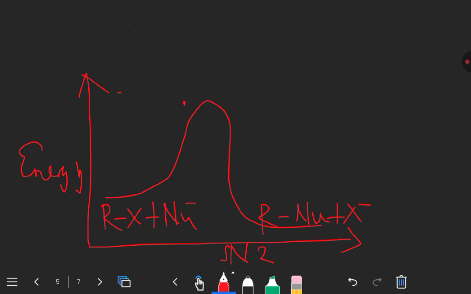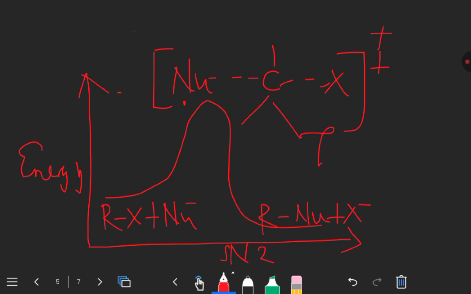So we'll have a state whereby before the leaving group departs and before the nucleophile attaches, this state has a maximum energy. This is what is known as a transition state.